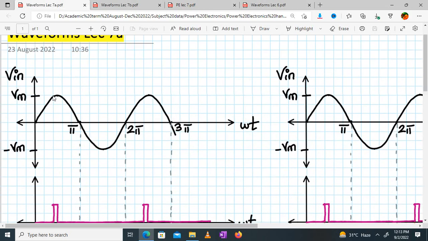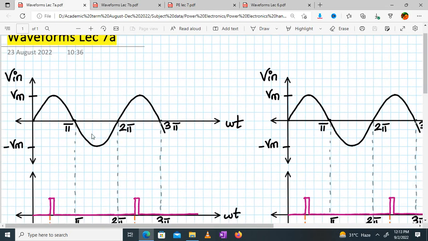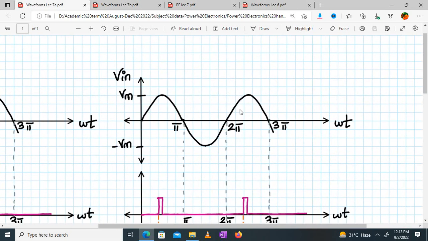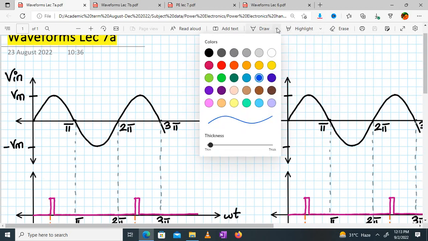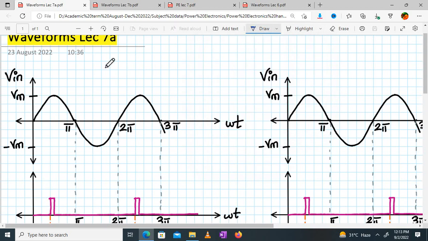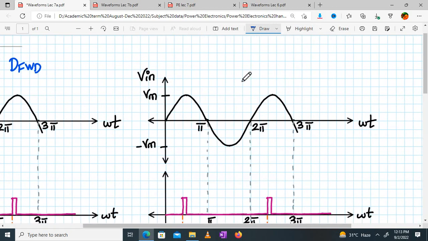For time being, you can watch it for without freewheeling diode and only draw the waveforms with freewheeling diode. The waveforms I am going to draw over here will be without DFWD, freewheeling diode. And this will be with.